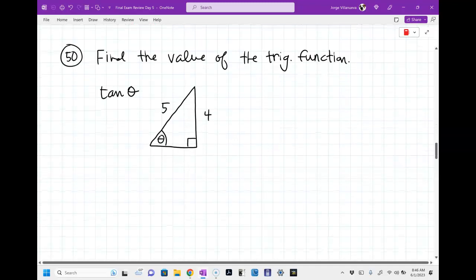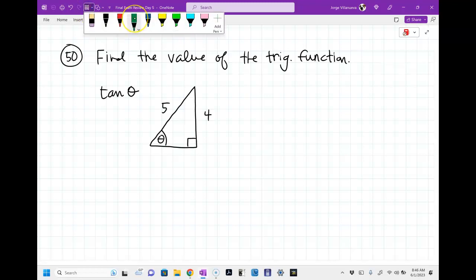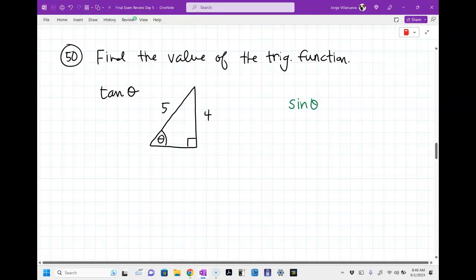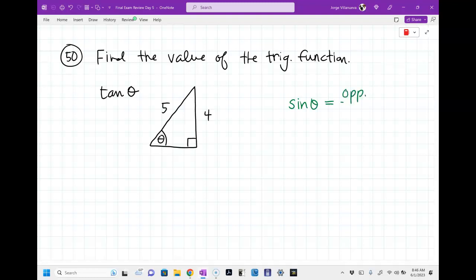All right. So I do have to remind you a little bit here. So let me do that in case you forgot. So there are 3 definitions you guys have to make sure you know. You have to know that sine of theta is opposite over hypotenuse.